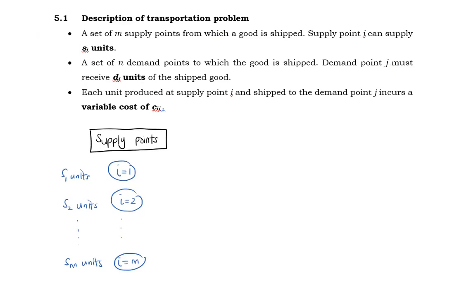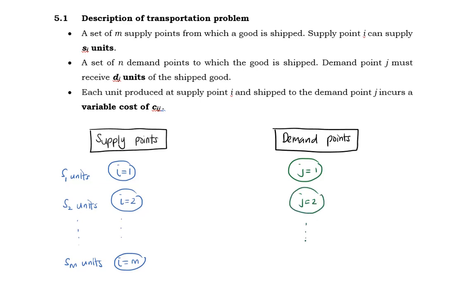In this case, we have n demand points: j equals 1, j equals 2, until the n-th demand point, where j equals n.